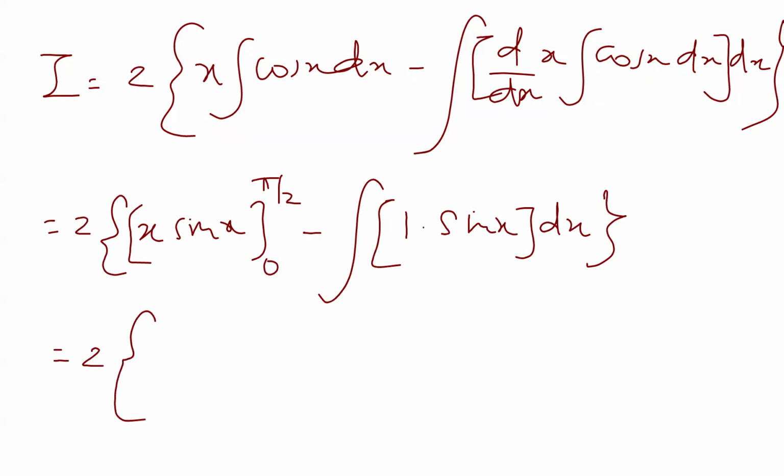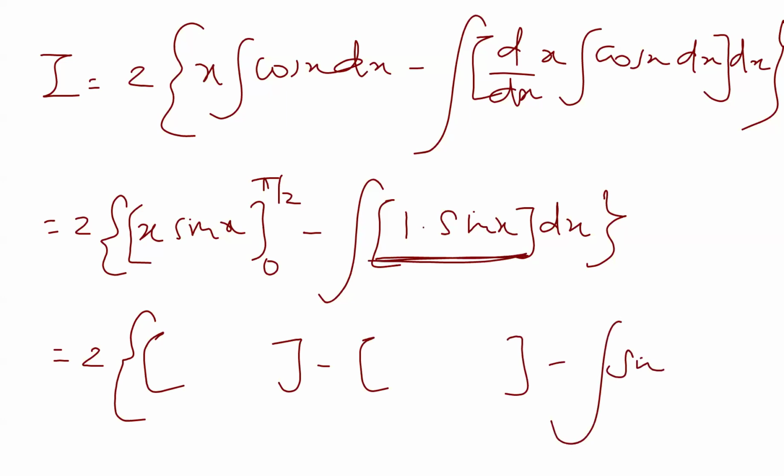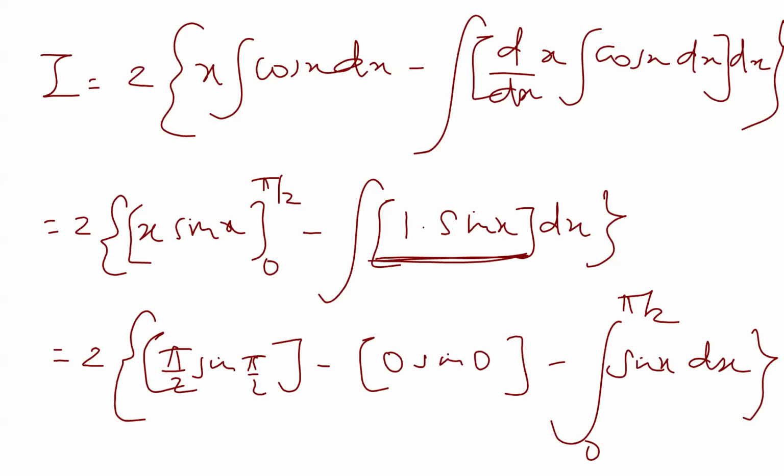Box minus box. And 1 into sin x is sin x. Now you can put the upper limit and lower limit. So pi by 2 sin pi by 2, 0 sin 0.